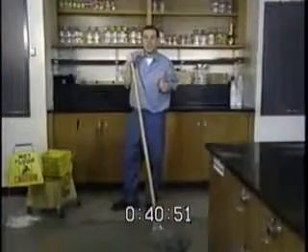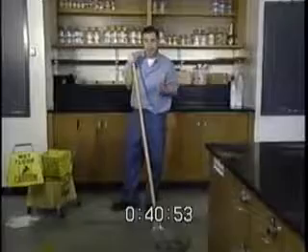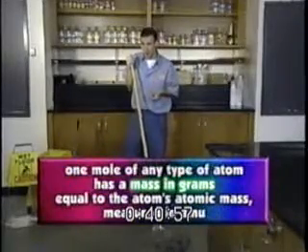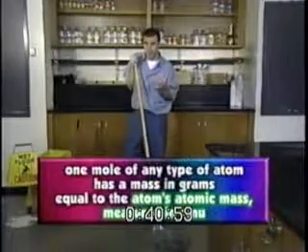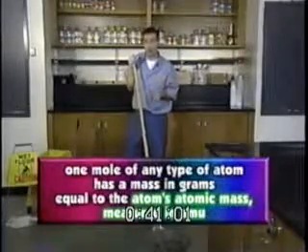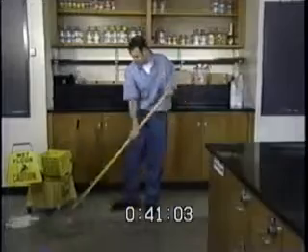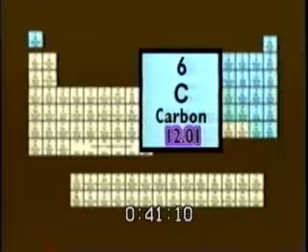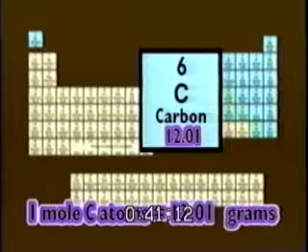And here's another cool thing about moles. 1 mole of any type of atom has a mass in grams equal to the atom's atomic mass measured in AMUs. Pretty cool. When you look up the atomic mass of carbon in the periodic table and see that its atomic mass is 12.01 AMUs, you know instantly that 1 mole of carbon atoms weighs 12.01 grams.